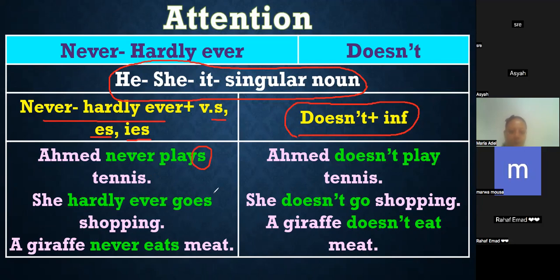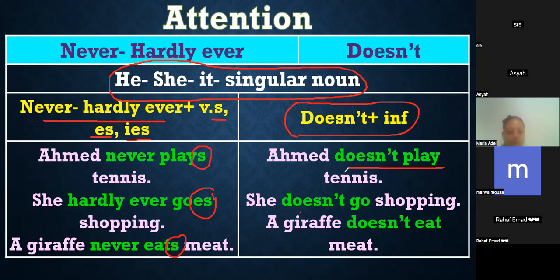She hardly ever goes shopping. As you see, the verb has es, not the infinitive form. And the last one, a giraffe never eats meat, the verb with s. But with doesn't, Ahmed doesn't play, in the infinitive form.